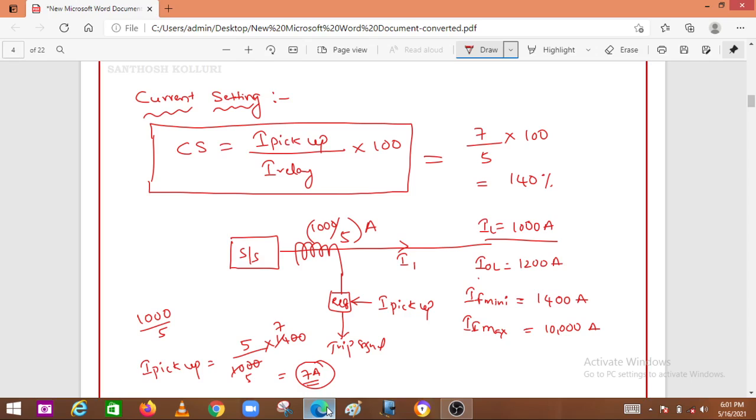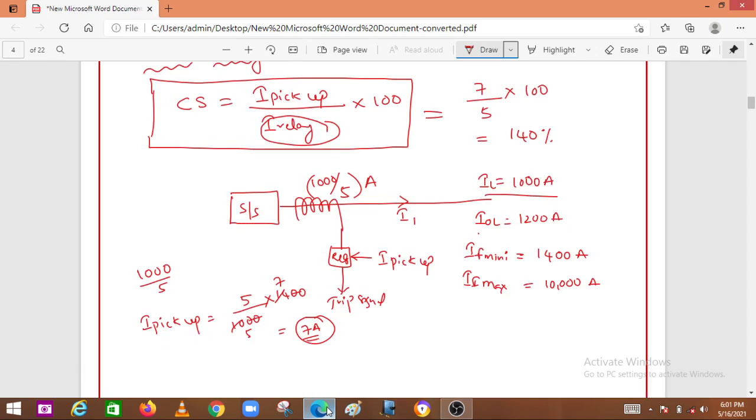So if the relay current rating is not given, then the current setting is taken as pickup current only. Sometimes the relay current will not be given. So in that case, you have to consider the pickup current as its current setting value.